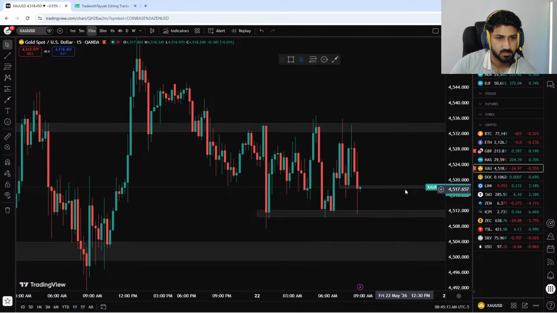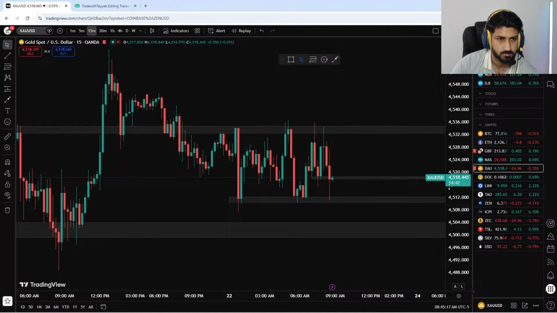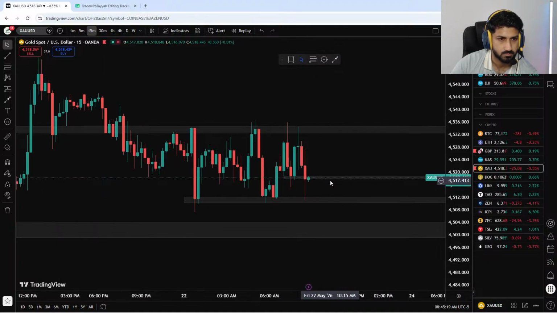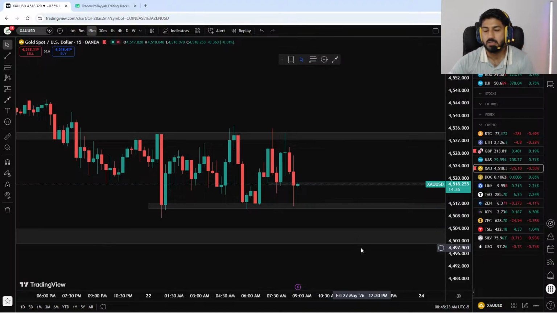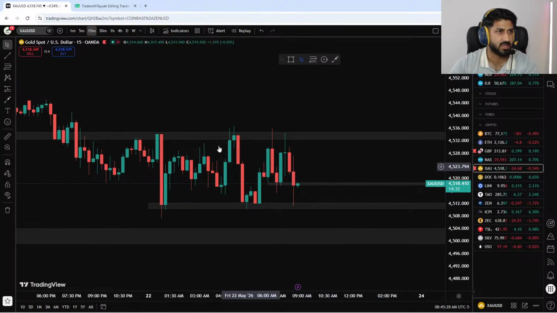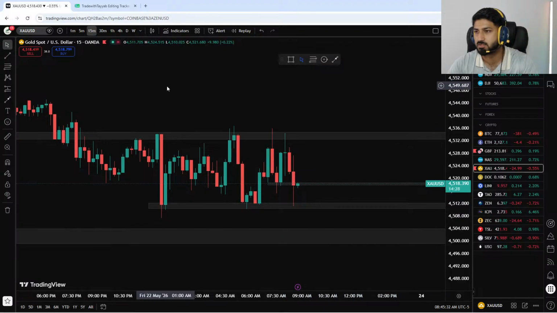1 hour, 30 minute is about to close. Even though I like this candle, one of the reasons why I wouldn't take this trade is because right now the time is 8:45 a.m. Central Standard, which means that it's only 15 minutes.